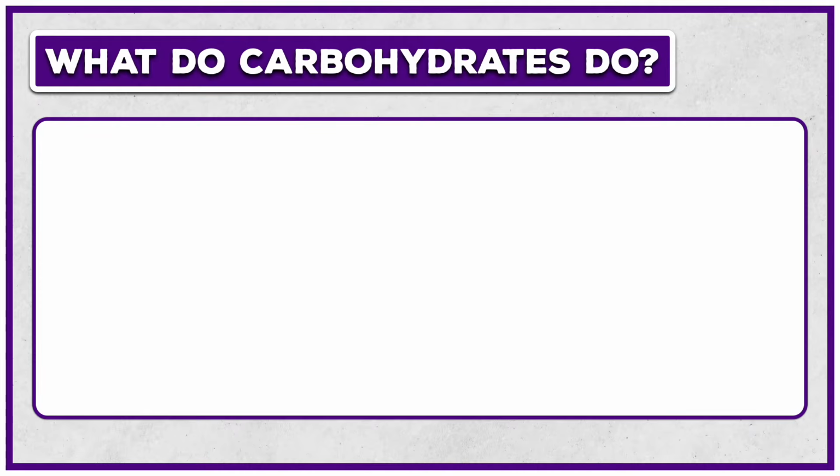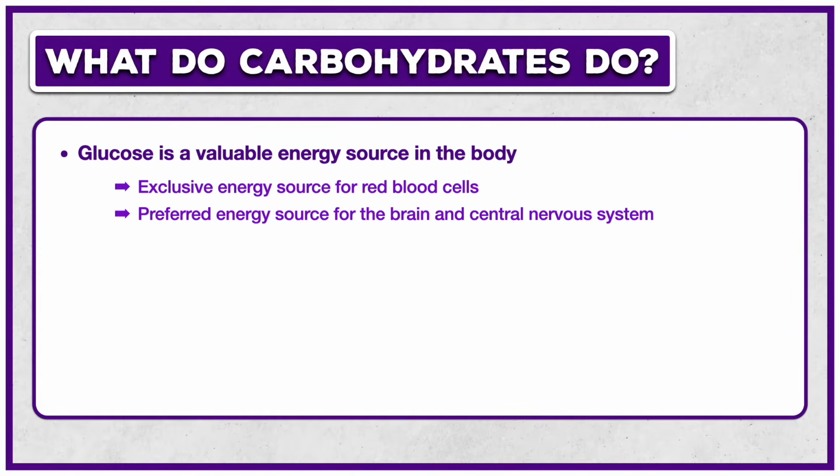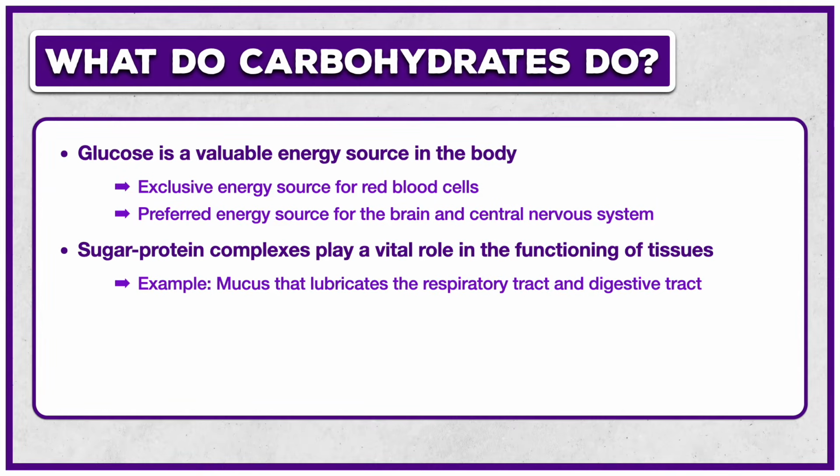Carbohydrates have numerous functions in the body and play a critical role in optimizing human health. First, glucose is a valuable energy source in the body. It's the exclusive energy source for red blood cells, which we need to carry oxygen in the bloodstream. It's also the preferred energy source for the brain and central nervous system.